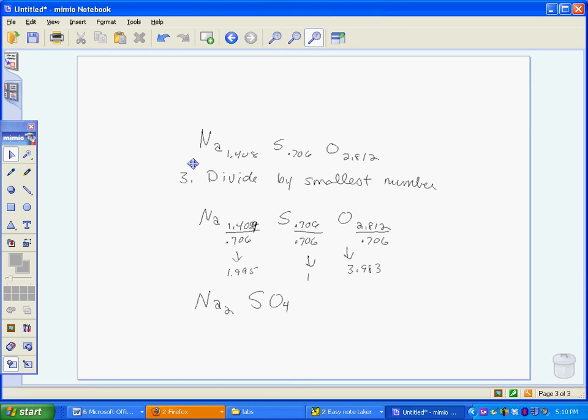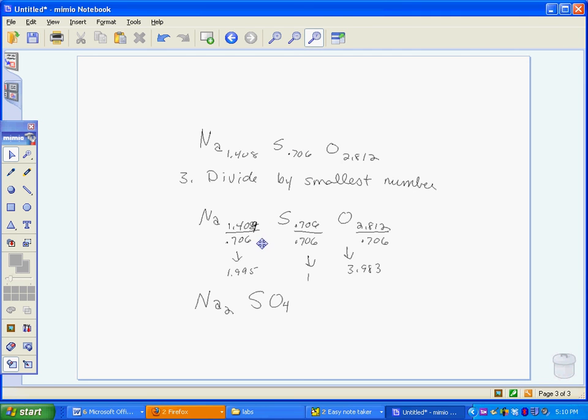Now, according to the law of multiple proportions, these have to be whole number ratios. So to find our whole number ratios, step 3 is we're going to divide by the smallest number. In this case, my smallest number is 0.706.